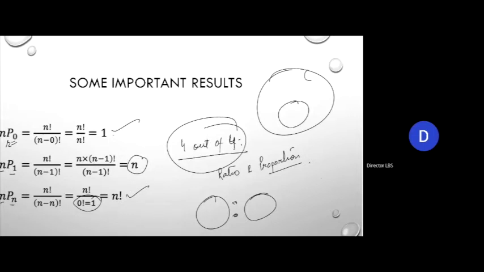Let us suppose there is a class of 60 students, or let me pick a number which is more mathematically correct. I will say there are 100 students in the class, out of which 60 are females. Then the proportion of girls to the entire class is 60 is to 100, right? That means out of 10 students, 6 are females.